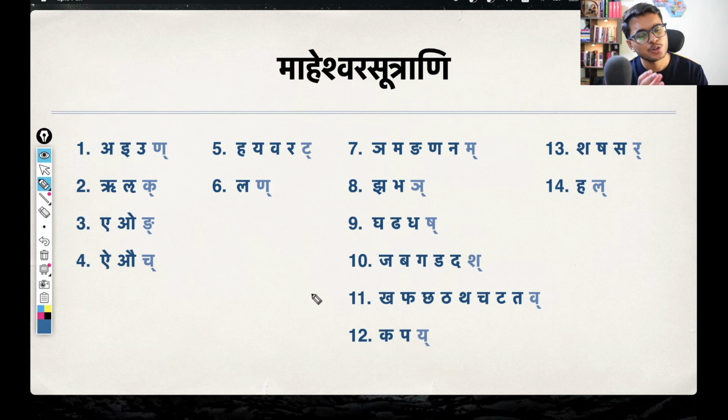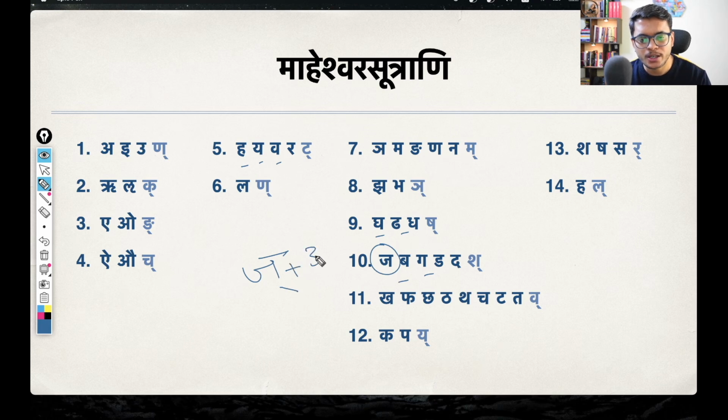There is also one more clarification that I want to give. When we see different consonants mentioned in Maheshwar Sutra, suppose we take this Ja. What we see here is this Ja consonant along with this A swara, right? Because all the consonants mentioned in Maheshwar Sutra don't have the halanta, so they already have this A swara in them.